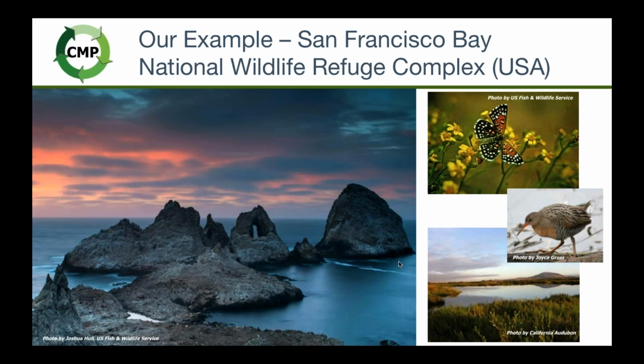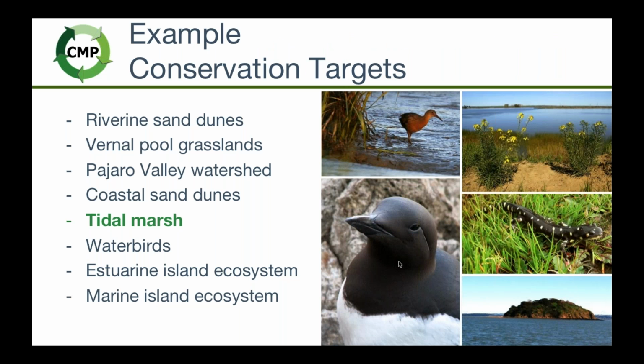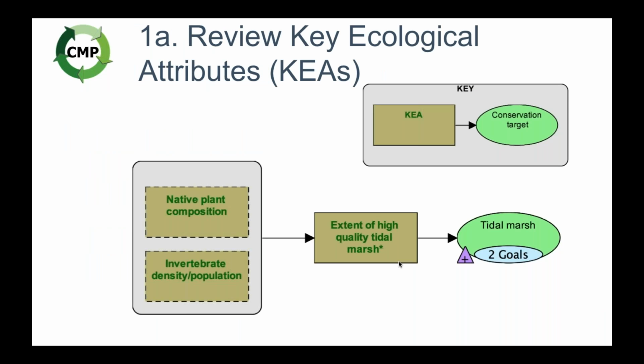So we're in the San Francisco Bay, very beautiful area. And these are the conservation targets. I won't read through these, but there are a bunch of coastal ecosystems and species. And so we're going to use tidal marsh as the example here.